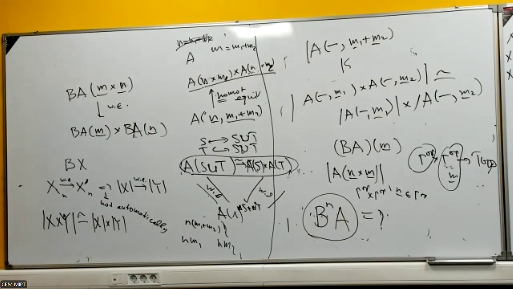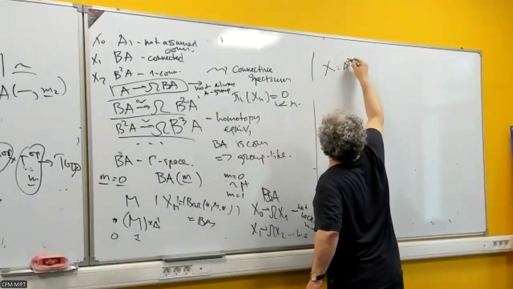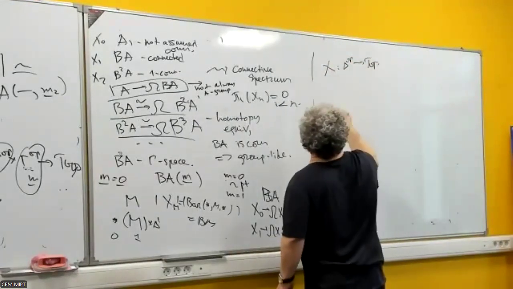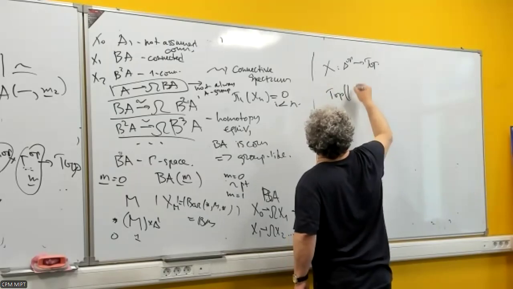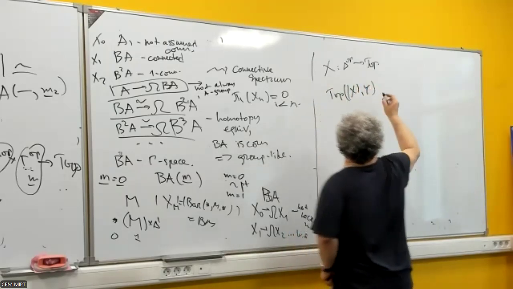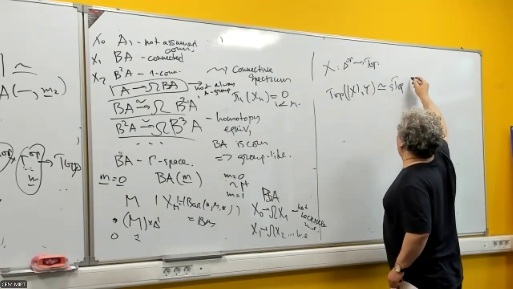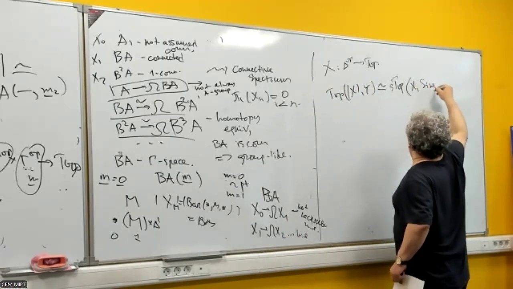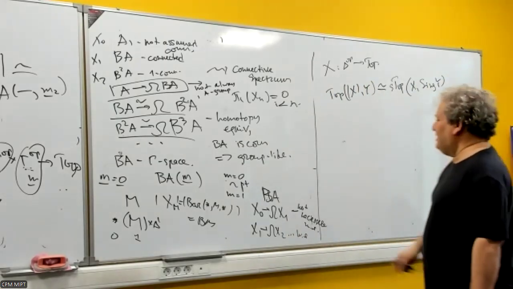As I said, for realization of a simplicial set, for x from Delta op to, say, Top, a simplicial space, we have a formula: maps in Top from the realization of x to y are homotopy equivalent to maps of simplicial spaces from x to the singular complex of y, which I defined last time.